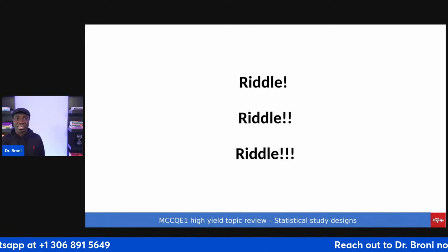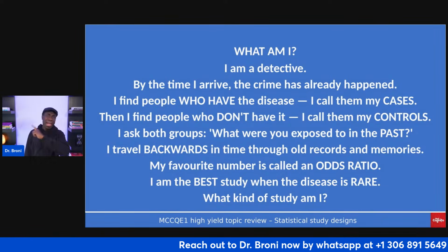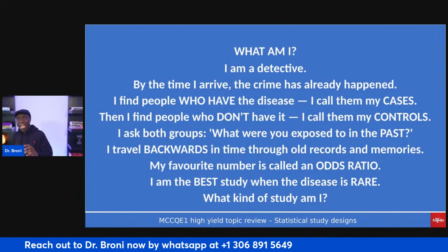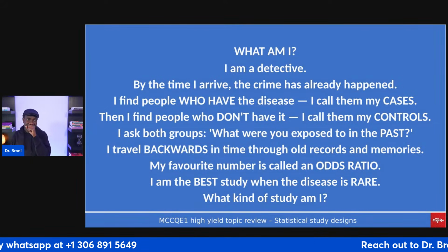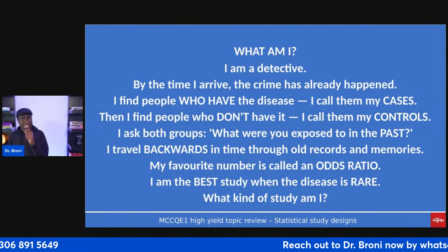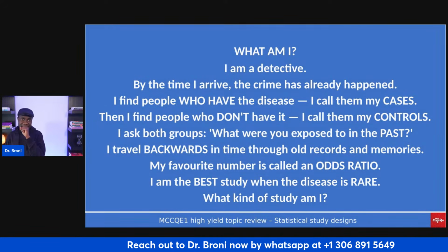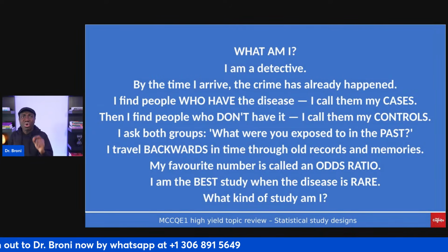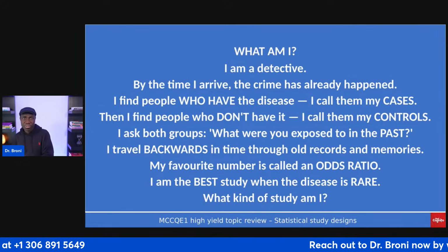Let's start the riddles. The first riddle is this. What am I? I am a detective. By the time I arrive, the crime has already happened. I find people who have the disease. I call them my cases. Then I find people who don't have the disease. I call them my controls.